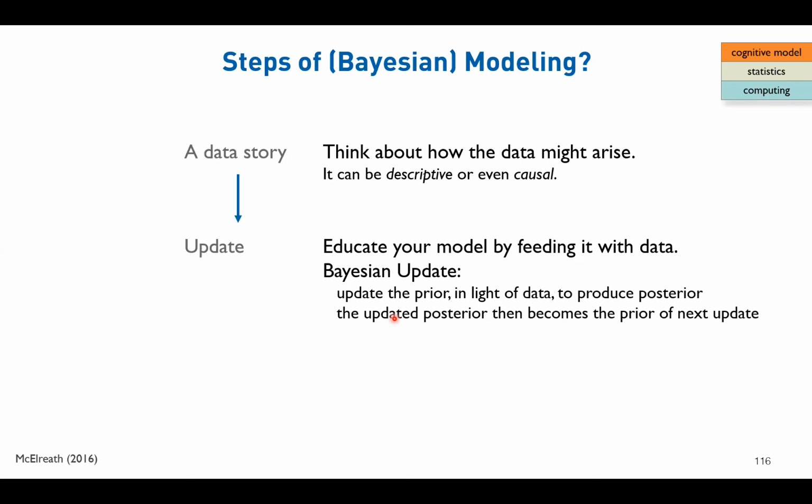So this goes from the beginning to the end. It's always that the posterior from the current update will become the prior of the next update. You can basically imagine that yourself from tonight will become the new yourself of the next morning, something like this.